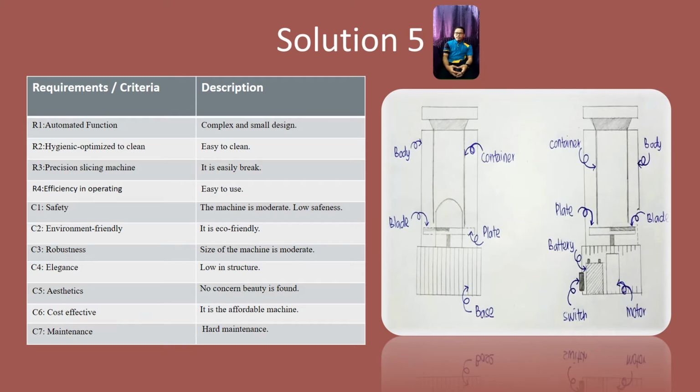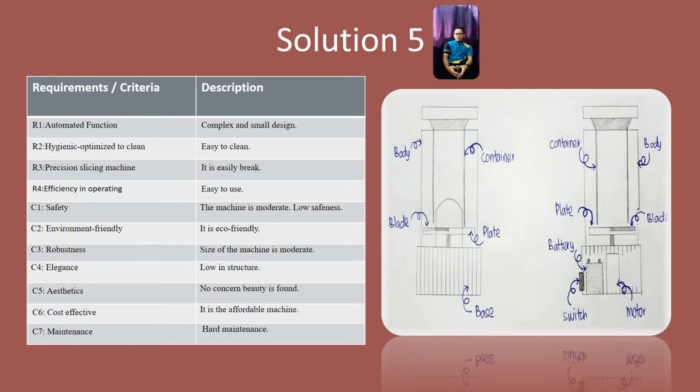The efficiency in operating: it is easy to use, but the safety of the machine is moderate. It is very eco-friendly, and the robustness and size of the machine are moderate.